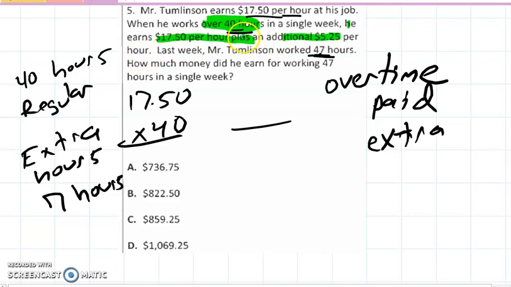You have to know that plus means plus. So $17.50 plus $5.25 per hour, times the extra hours. Well, how many extra hours did he work? We wrote it down. Once you have that answer, you're going to add it to the other answer, and you'll find your final answer.